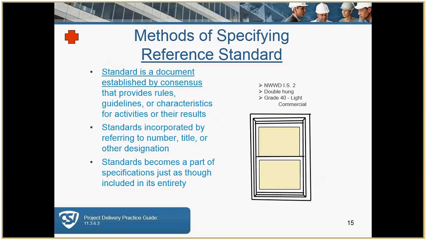An example would be NWWDA, a reference standard for the National Wood Window and Door Association. Some of these are consensus standards. They're quite valuable. Of course, you have to review them for specificity for a particular project, but some of these are very, very good.